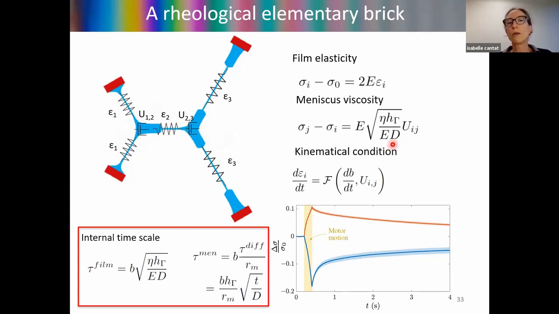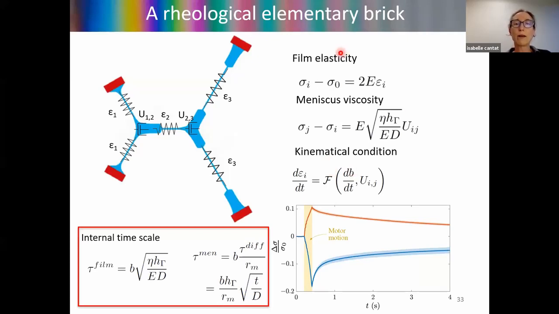And putting these two pieces of information together, plus the kinematic conditions that say that the spring here can relax or can be deformed, either because there is some transfer from the other film, or because of this U here, or because the motor moves. This is dB over dt. B will be the size of my film here.